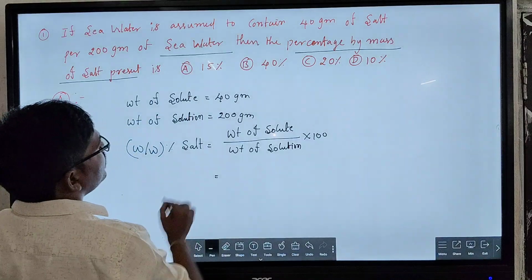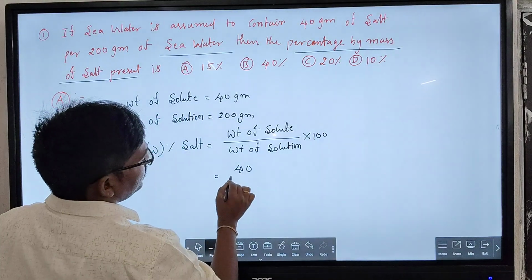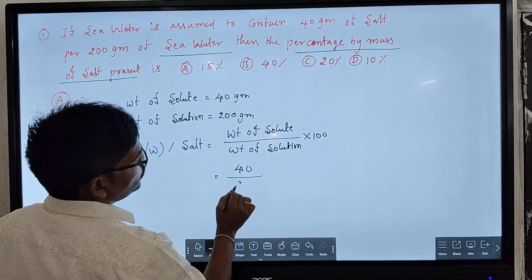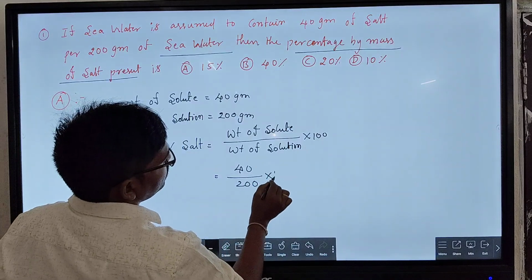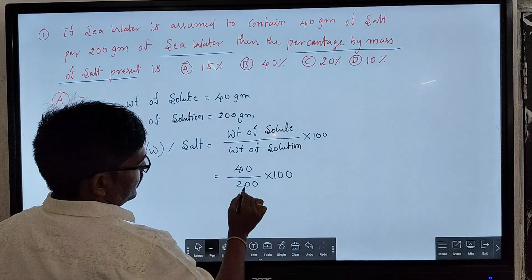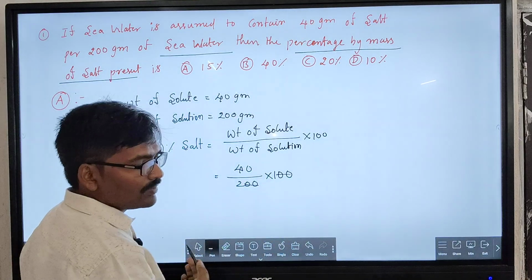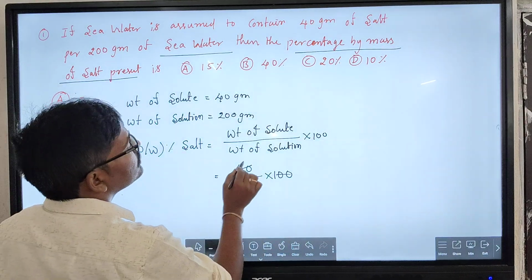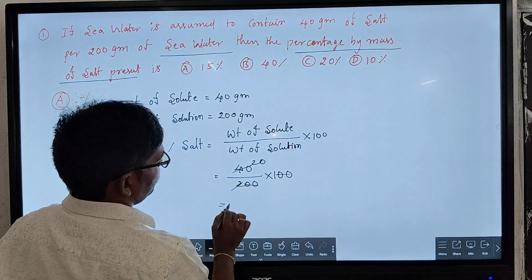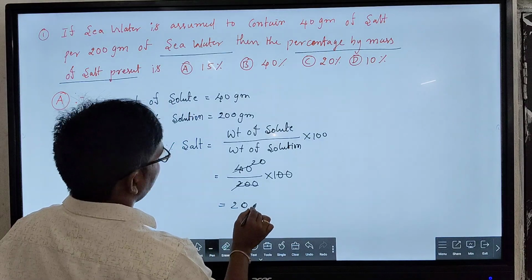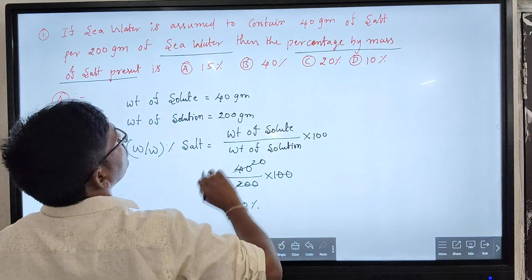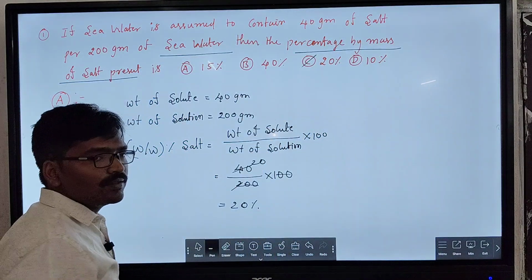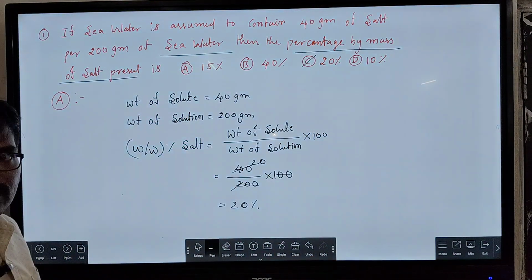Sir, weight of solute is 40 grams, weight of solution is 200, into 100. Then two zeros cancel here. Then 2 ones are 2, 20 times. Then 20 percentage. So C is the correct answer for this. Understand all of you? Right.